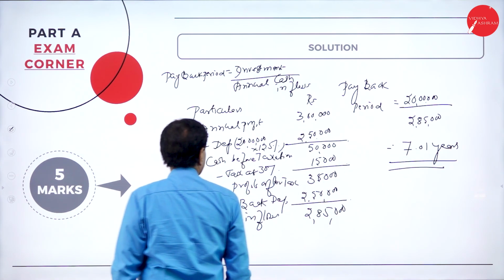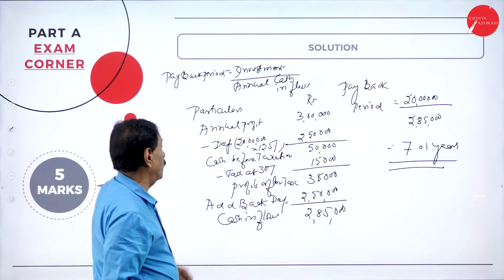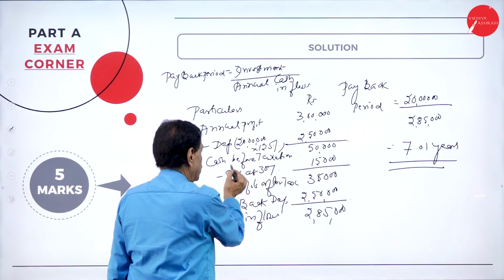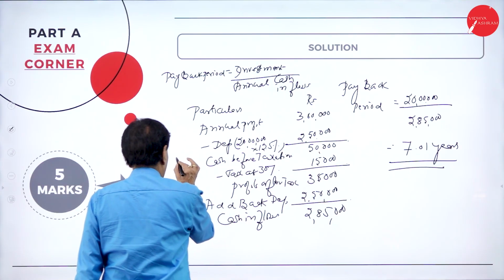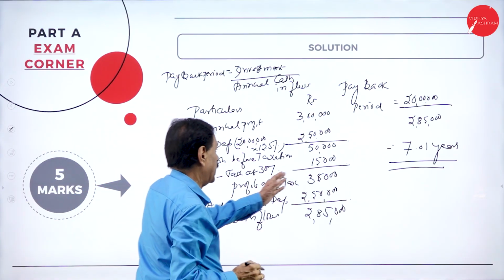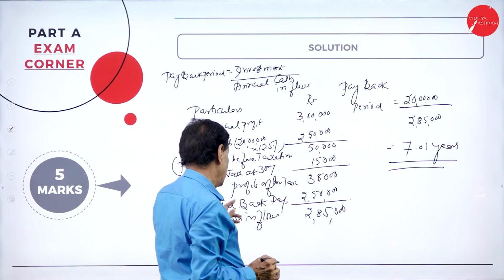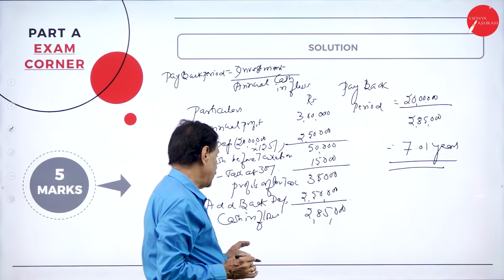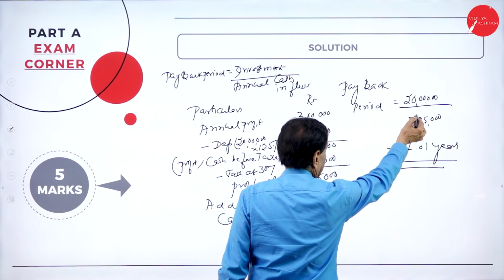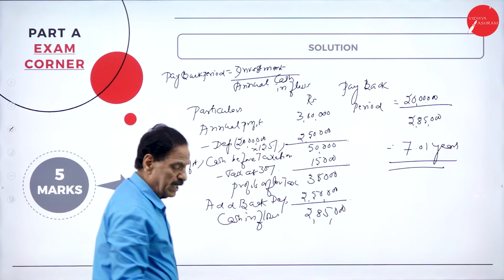So what's the format? Payback period is investment divided by annual cash inflow: annual profit minus depreciation, cash before taxation or profit before taxation, minus tax at 30%, profit after tax, add back depreciation 2,50,000, cash inflows are 2,85,000. Investment is 20 lakh divided by 2,85,000. It comes to 7.01 years.